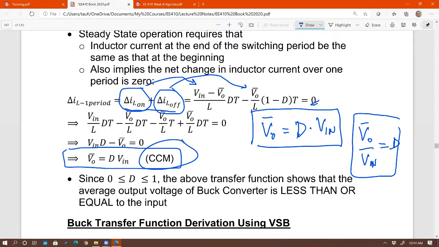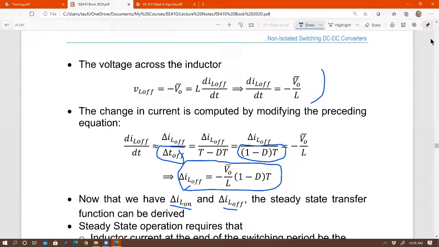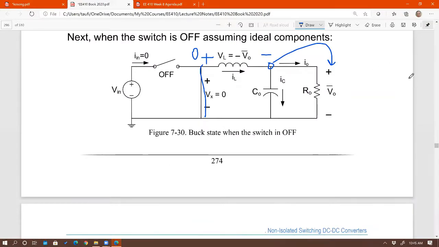So output voltage is not a function of the load, which is great, right? Because if you look at this circuit right there, theoretically speaking, of course, it doesn't matter what current you are drawing here, output voltage should not be affected, ideally, of course. Does that make sense? Why?